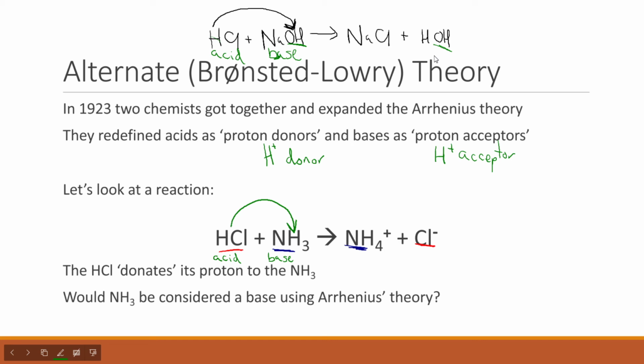When we're talking about alternate theory and Bronsted and Lowry, we're talking about who has the H at the start and who takes the H. So NH3 is a base because if we look at it from start to finish, it starts as NH3, it becomes NH4. It has gained an H plus. It is the H plus acceptor, making it a base.